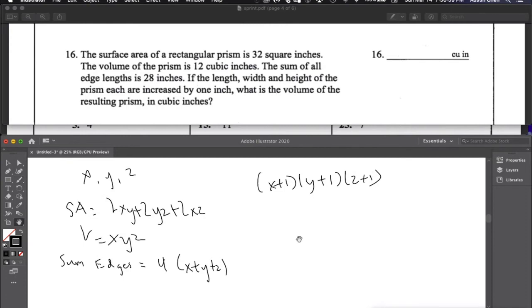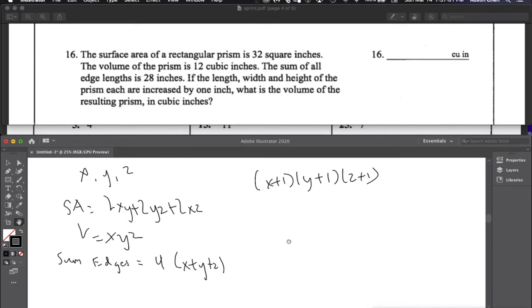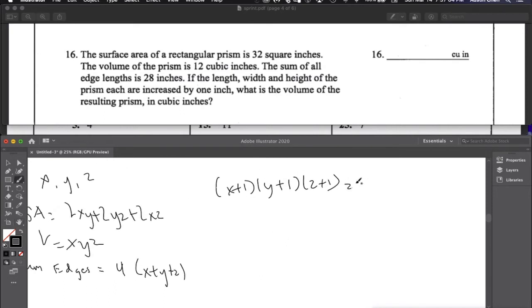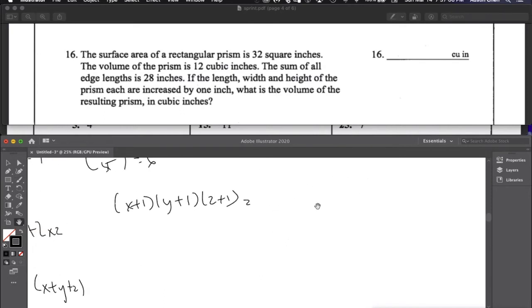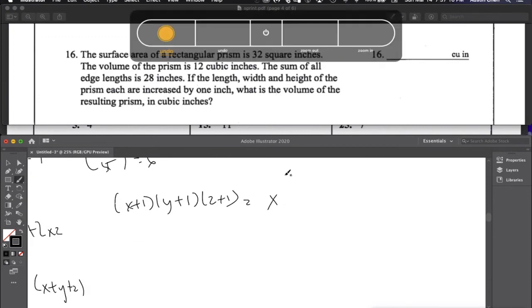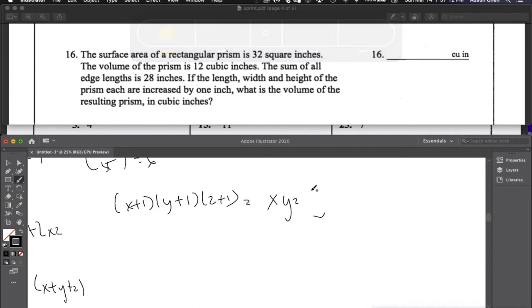And then if you expand that, you end up with xyz plus xy plus yz plus xz plus x plus y plus z plus 1.